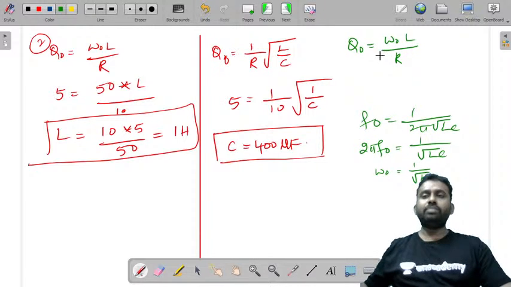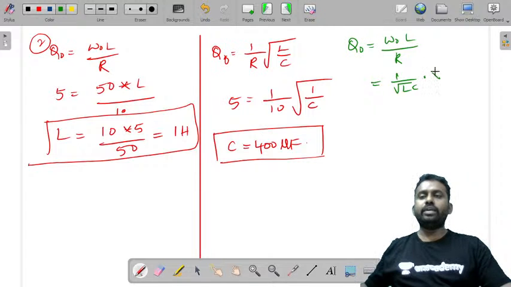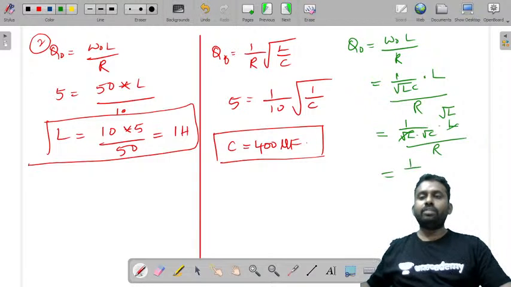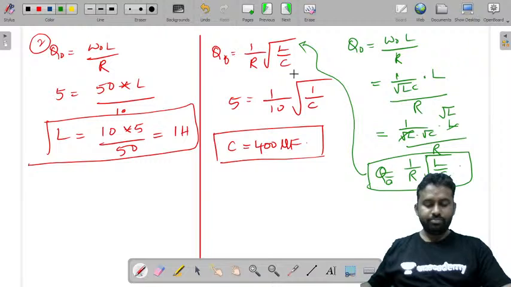So if you substitute omega naught is equal to 1 by root LC into L by R, what is this? 1 by root L into root C into L, that is root L times, by R. So this is 1 by R, root L by C. So Q naught is equal to 1 by R root L by C. That is the expression I have used here.